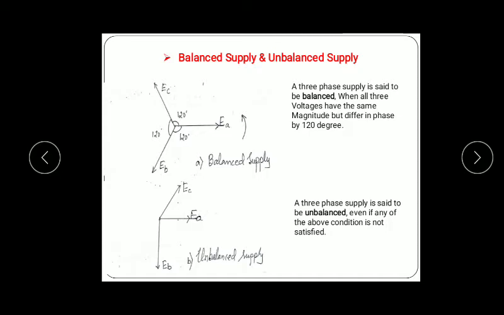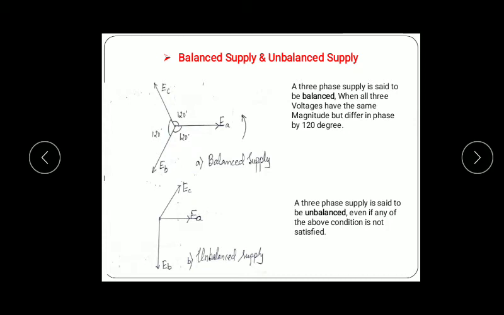Therefore, an EMF is induced in all the three windings. Here we can see EA, EB and EC are the RMS induced voltages in the three windings, and they have a phase displacement of 120 degree with respect to one another.